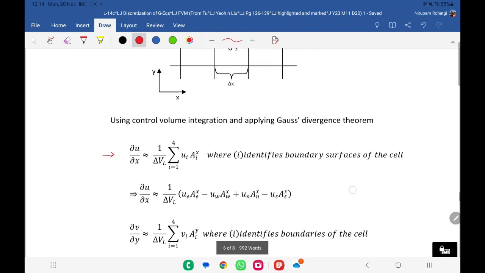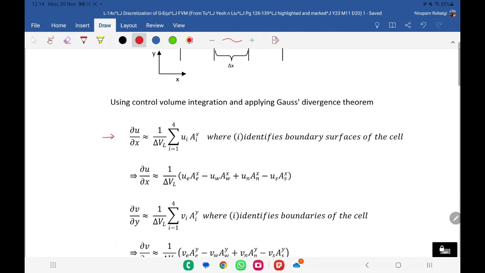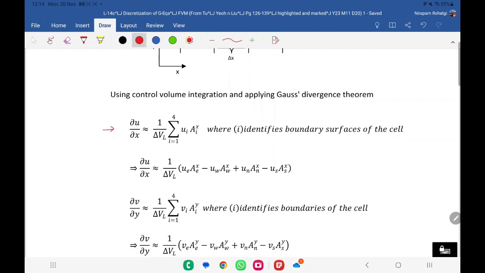Now what will happen here? These two values will go away, because if you are talking about u, you have surfaces on the right and the left. So the four surfaces are AE, A West, A North and AS, and you have to take the x component of all of them.